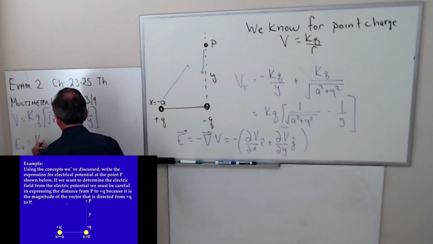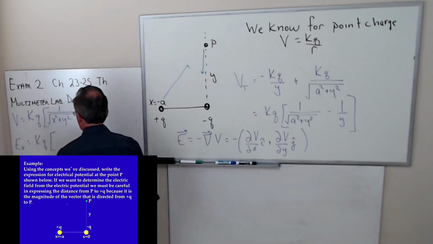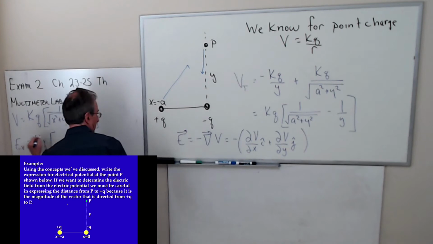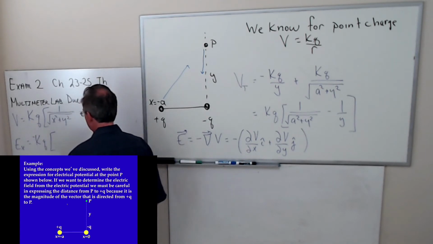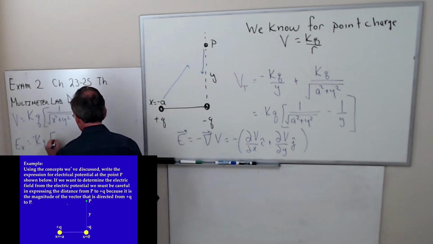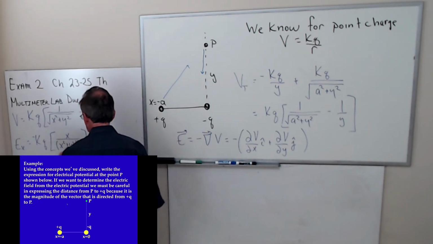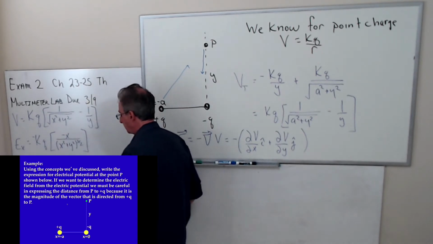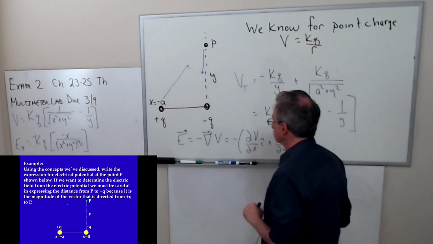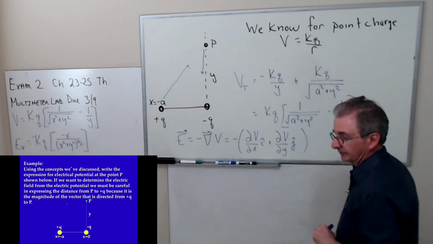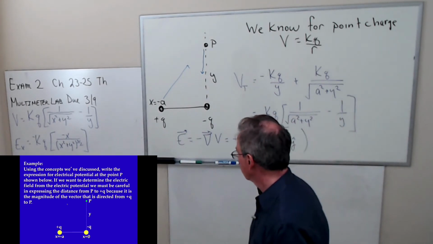I'm going to get kq, and I take the negative derivative, and I'm going to get (x squared plus y squared) to the power of negative 3 halves. And then another minus sign will come out. Is that okay?